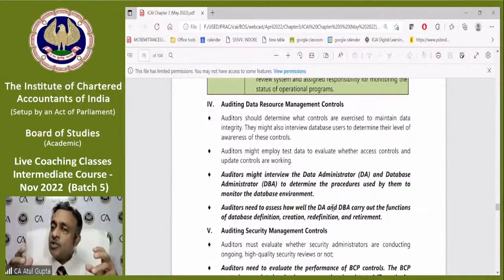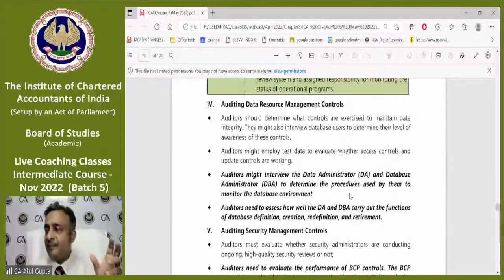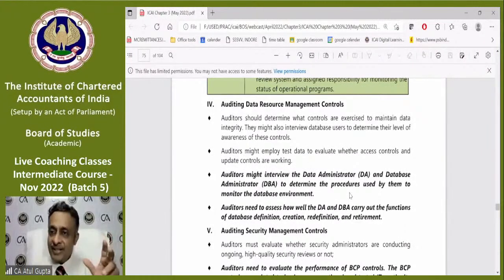Auditors' responsibility will be to ensure that all controls on database are properly put in place. That is, auditors might interview the data administrator and the database administrator. Please understand, two words are created. Just keep a note of these two words: DA, data administrator, and DBA, database administrator.